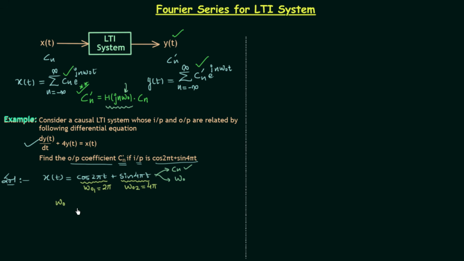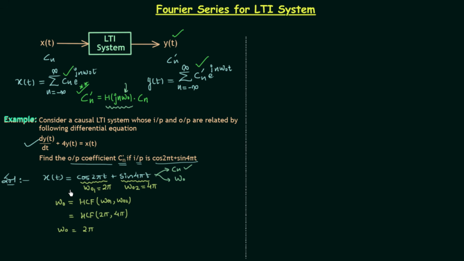We know that when two periodic signals are added, the overall angular frequency is equal to the highest common factor of the two angular frequencies. So omega naught is equal to the HCF of 2 pi and 4 pi, which is 2 pi. So omega naught is equal to 2 pi.